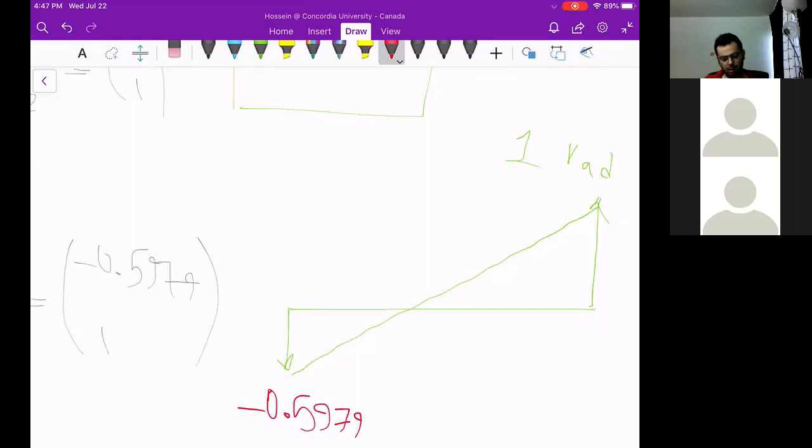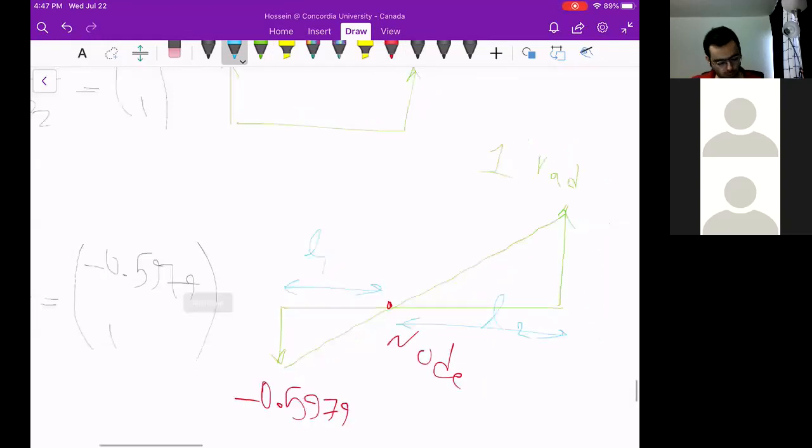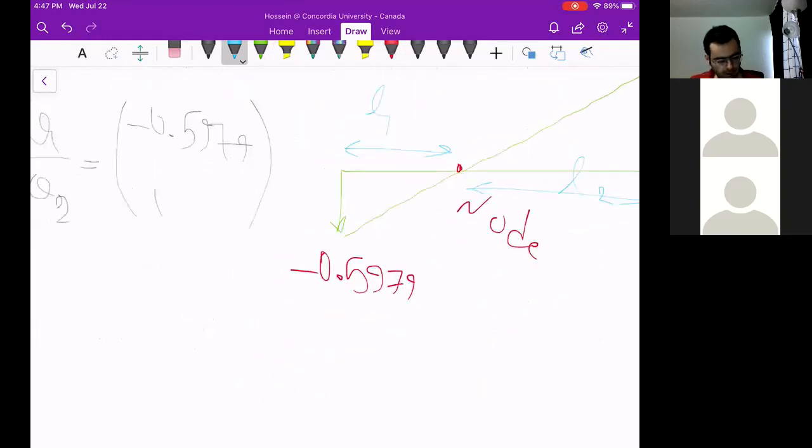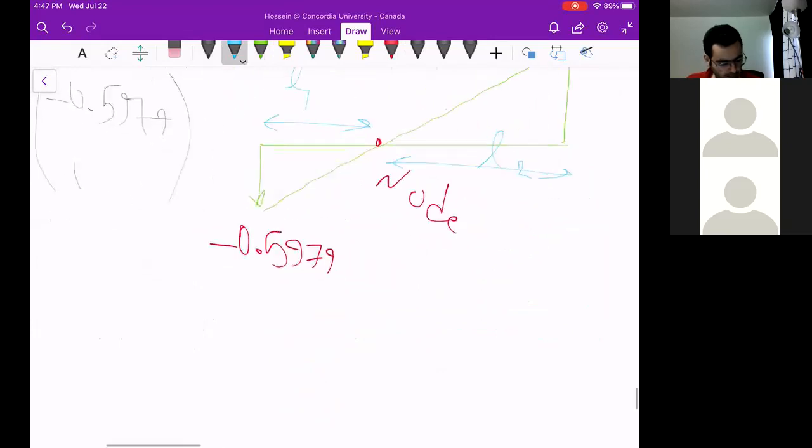So this point is called a node. You could identify at which point this node will occur. So simply you could call this length L1, and you could call this one L2.